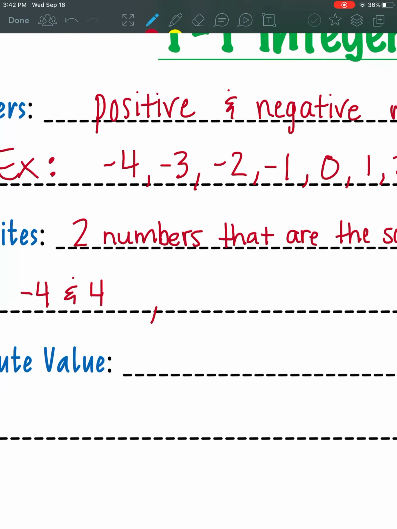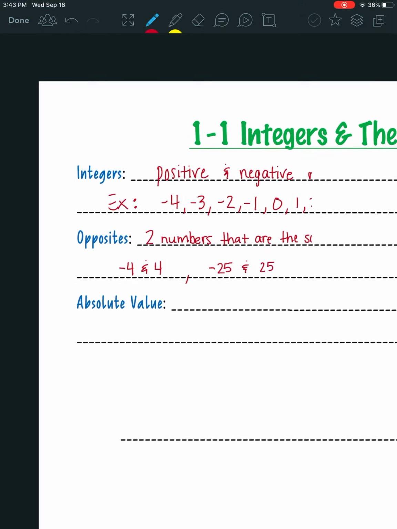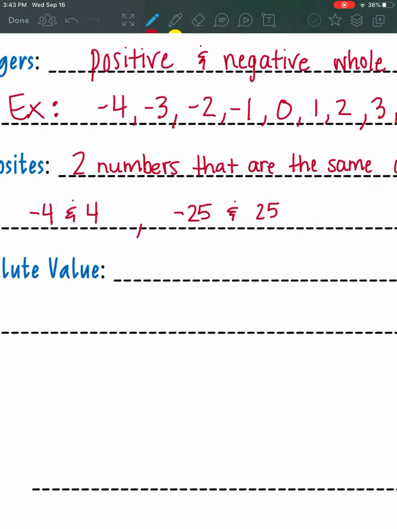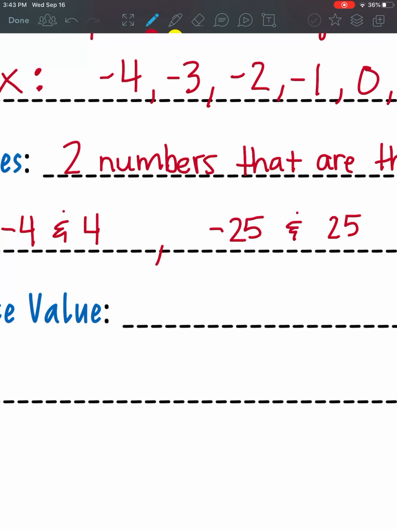So something like negative 4 and 4, opposites. We could go even larger than that. So let's say negative 25, the opposite of that. So that's 25 away from 0, so the opposite would be positive 25. So opposites are the same number, it's just the positive or negative version.